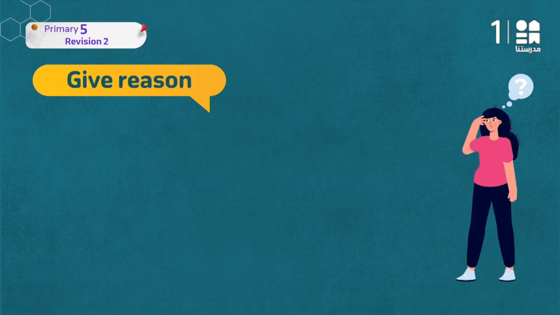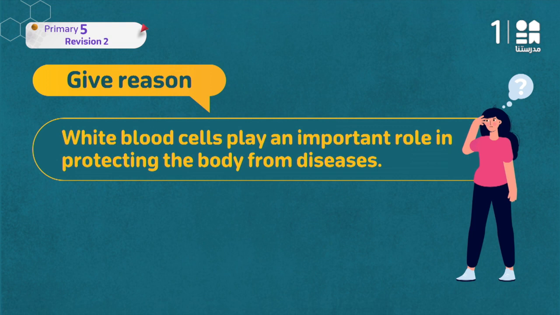طيب now give reason for. Give reason white blood cells play an important role in protecting the body from diseases. ليه الوايت بلاد سيلز مهم جدا في انه بيحمي جسمنا من اي ديزيز؟ هو الوايت بلاد سيلز كان بيعمل ايه؟ بيحمي جسمنا from any microbe.